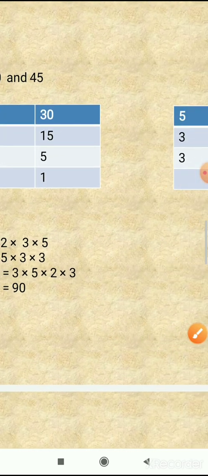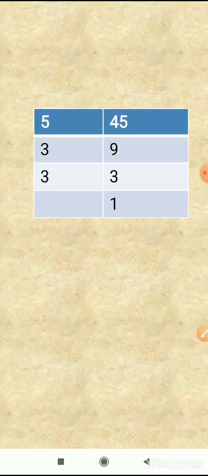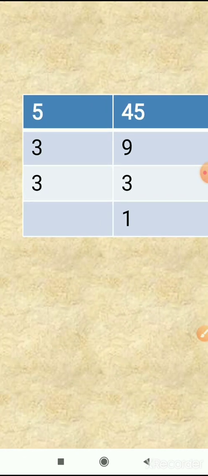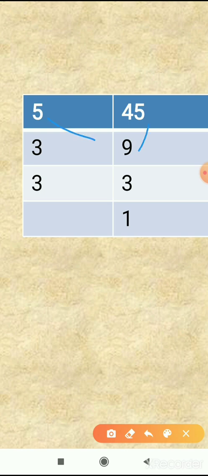Now we will find the prime factorization of 45. 45 is an odd number, so it is not divisible by 2. Here we will divide 45 by 5: 5 nines are 45. So we write quotient 9 here.